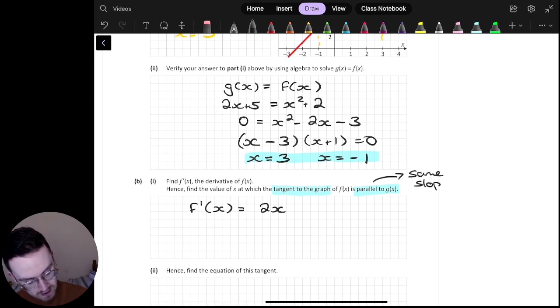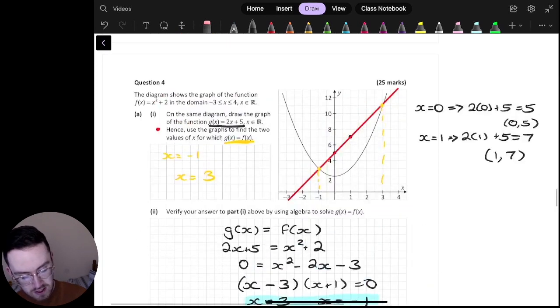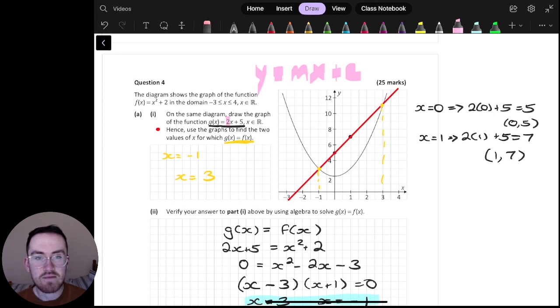So we are being asked to find where dy/dx is equal to the same slope as g of x, which means 2. Because if we look back at our question, for g of x, the slope is the one in front of x. Remember we had y equals mx plus c, with m being the slope there.